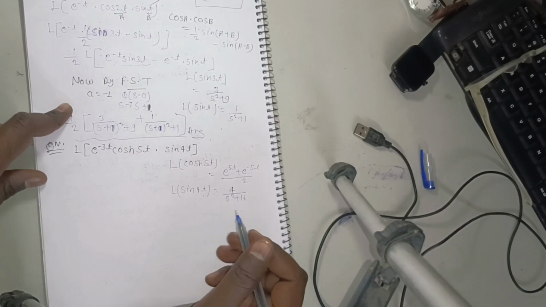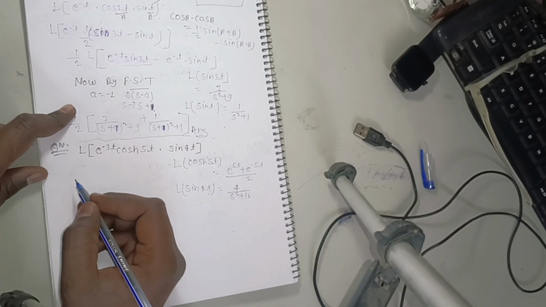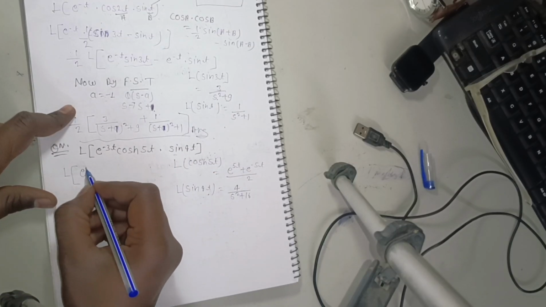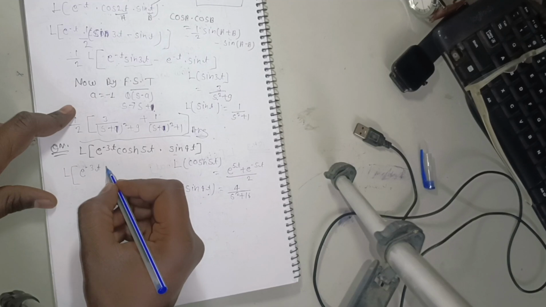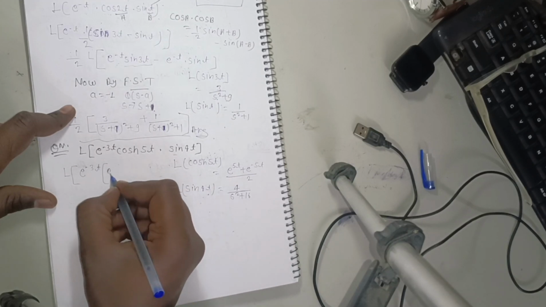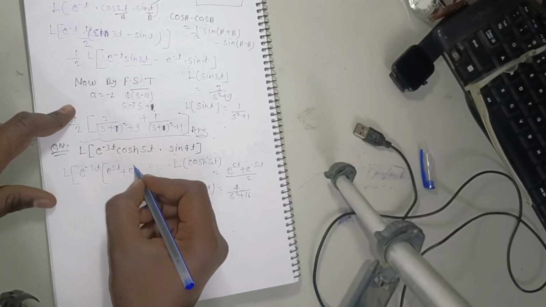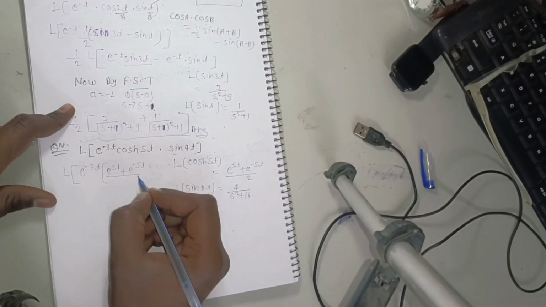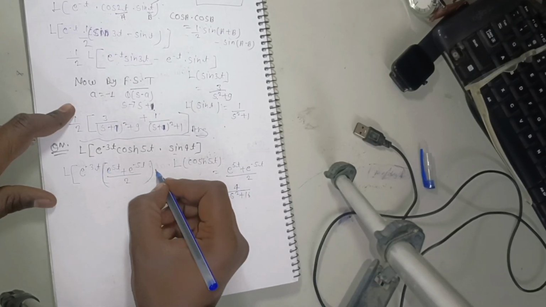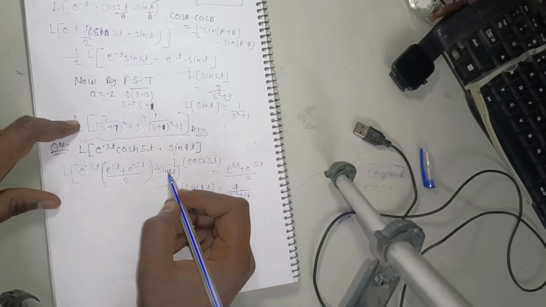Now I can simply put it here. Again remember that we have the Laplace of e to the minus 3t, into e to the power 5t plus e to the power minus 5t upon 2, into sine 4t.